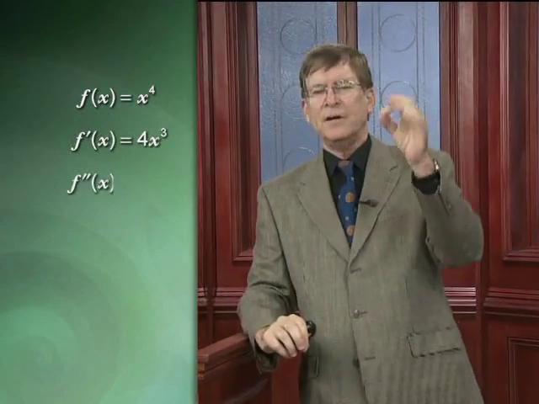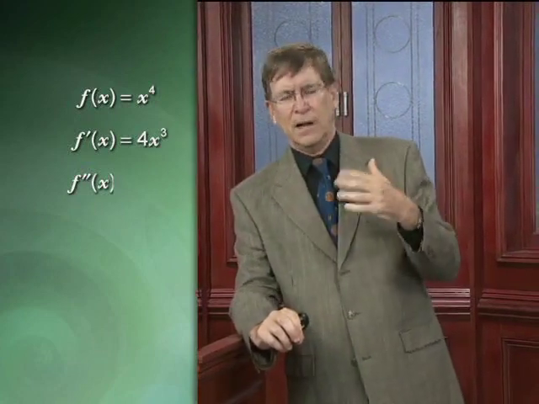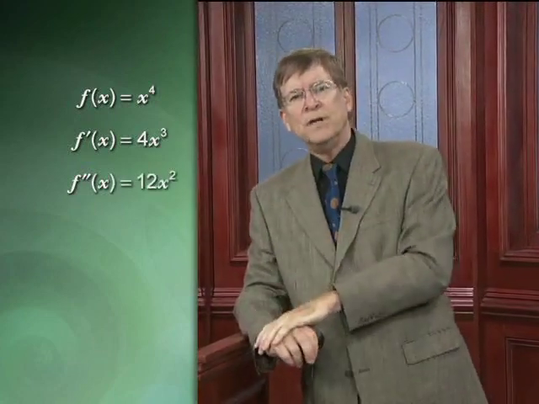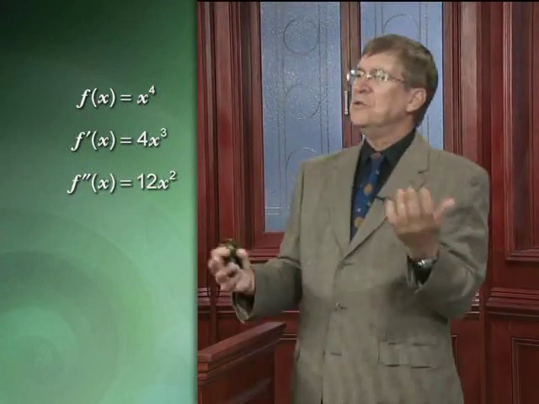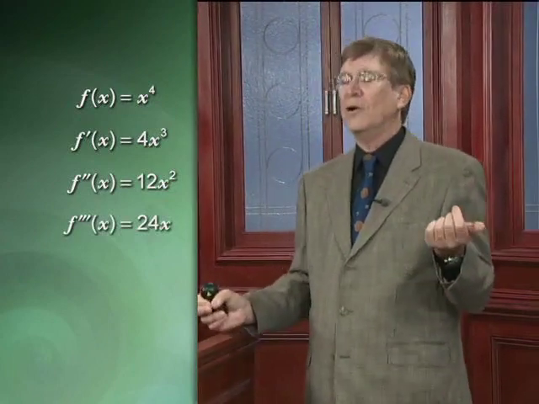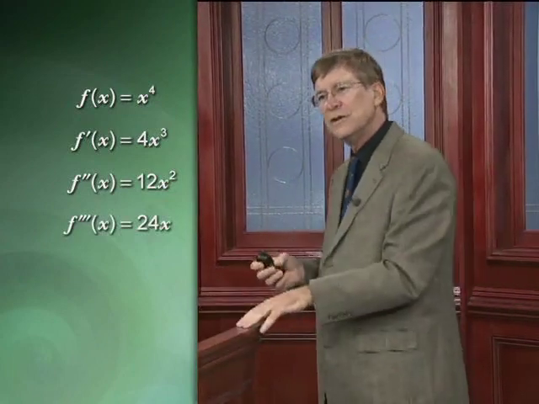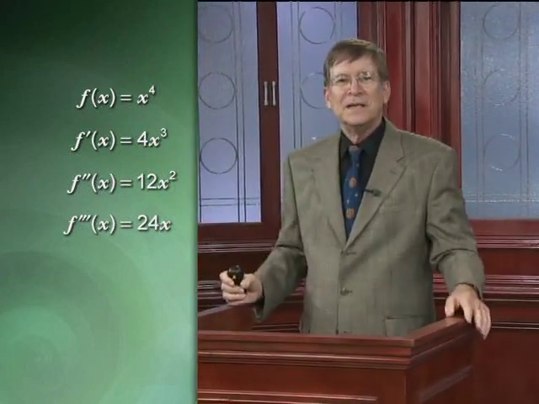That's denoted f double prime. And there are other notations for the second derivative that I'll point out later. And that would be, of course, 12x squared. Well, I could do it again. I could find the third derivative, f triple prime. That would be, of course, 24x. Well, what's to stop me doing it again?